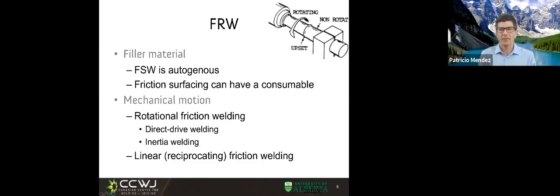Now, something that is much newer: how about if having a rotating motion confines us to circular shapes? We have a reciprocating motion that enables us to have pretty much any other geometry, squares, for example, or we can weld blades of a jet engine onto the disc and make what is called a blisk.